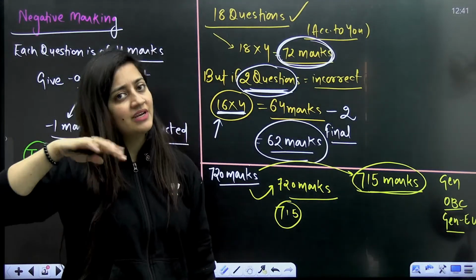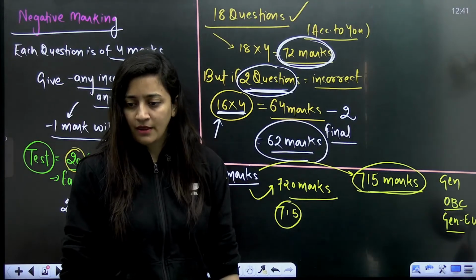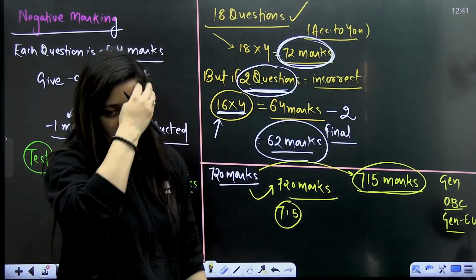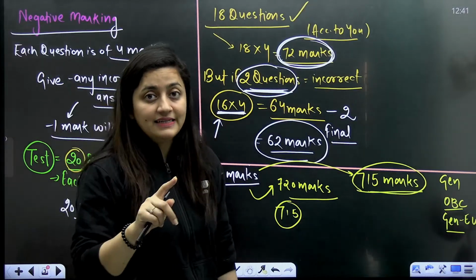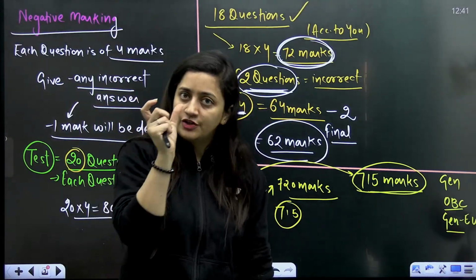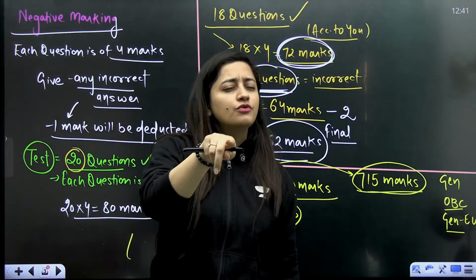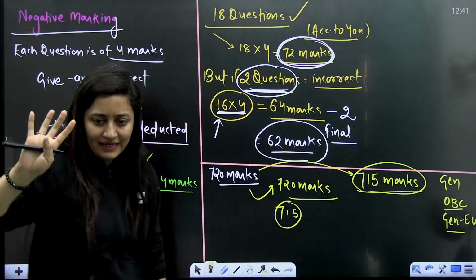By NEET 2027, yes, there will be a hike in the seats as well, more number of seats. I'm talking about MBBS, not BDS, BAMS, or BHMS. I'm just talking about the MBBS seat, approximately 1 lakh.